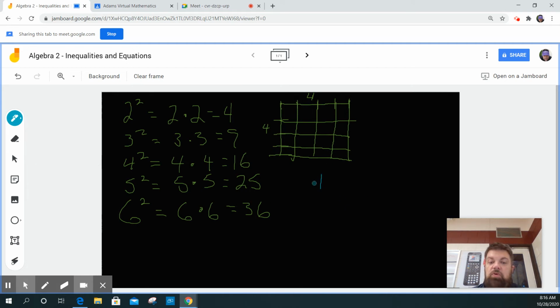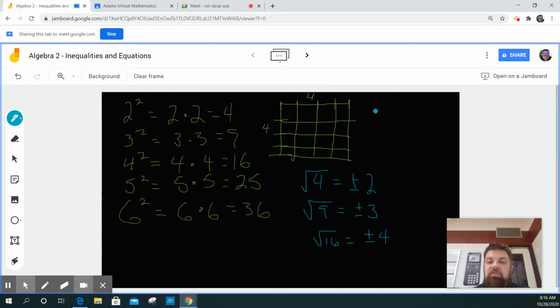In other words, the square root of 4 is equal to plus or minus 2. The square root of 9 is equal to plus or minus 3. The square root of 16 is equal to plus or minus 4. You might say, well, why are you doing the plus or minus?